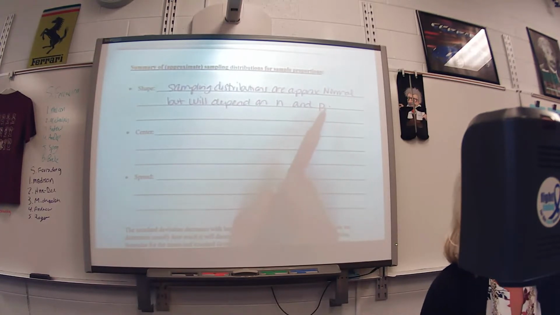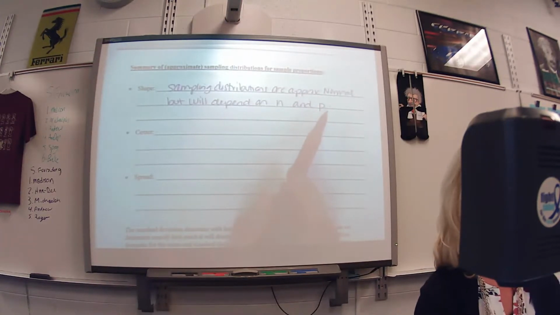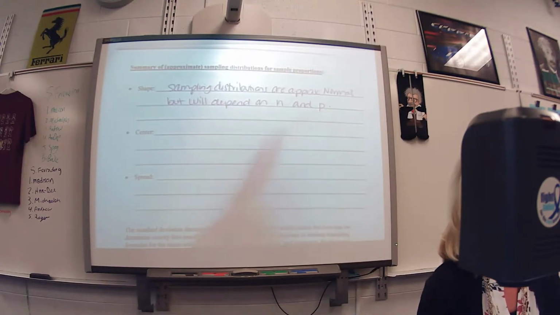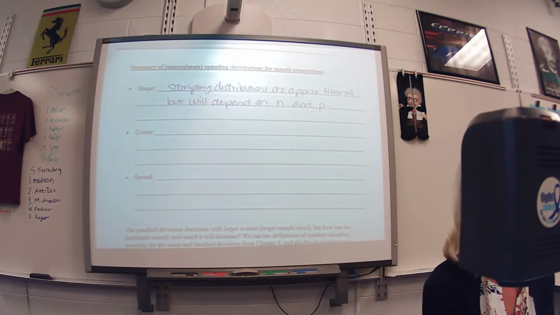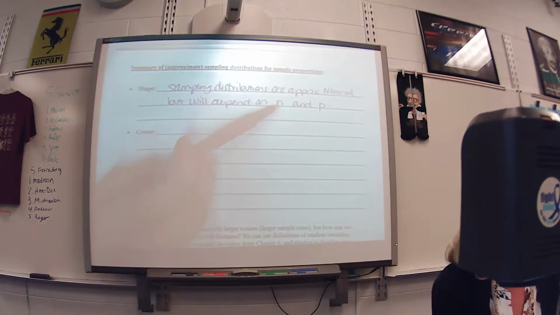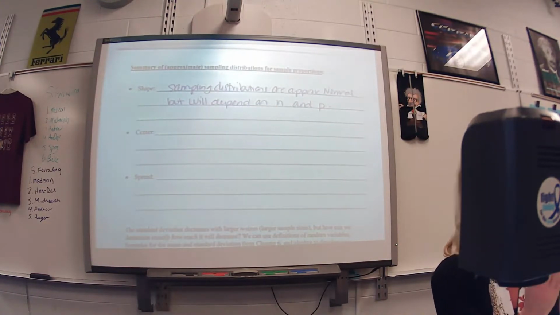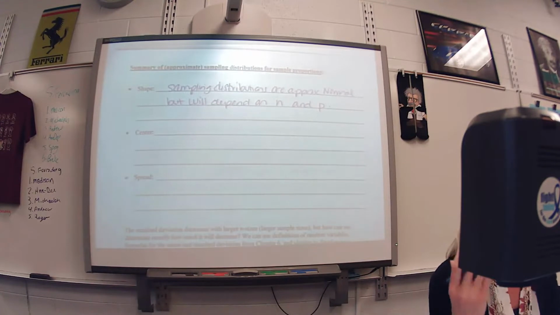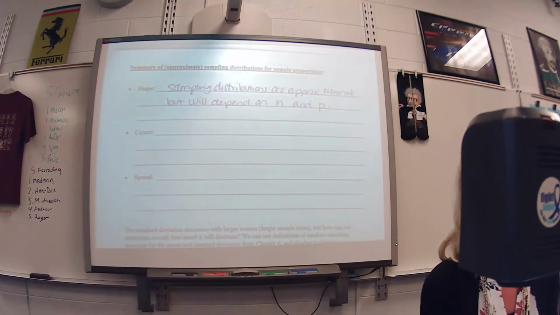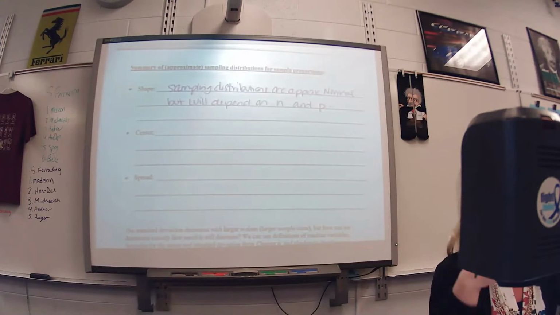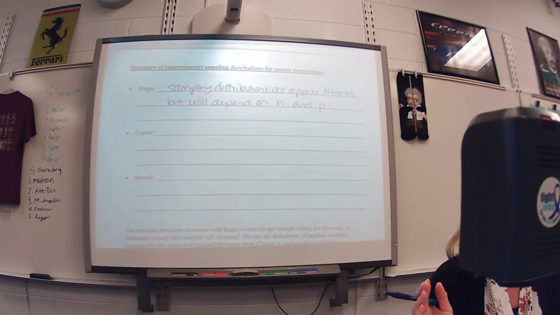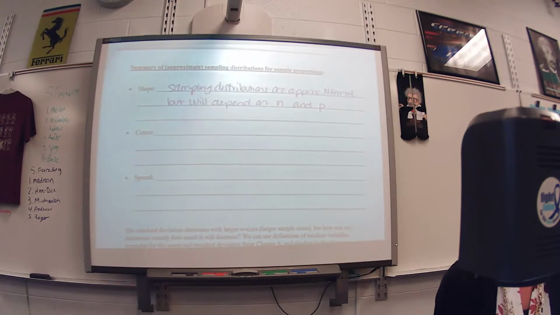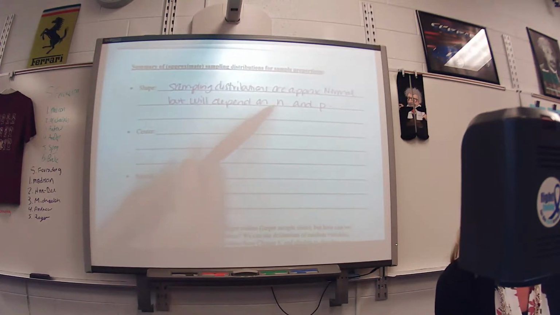If your p is 13 versus 1 minus p being 87, you might see some slight skew unless your n size gets large enough. n and p work in conjunction with each other. If you have a p and a 1 minus p of 50-50, you're probably going to be in decent shape, with an approximately normal distribution. But if your p and 1 minus p start getting off balance, 13-87, or reverse it, 87-13, you might have a slight skew unless your n size is large enough to compensate for that.